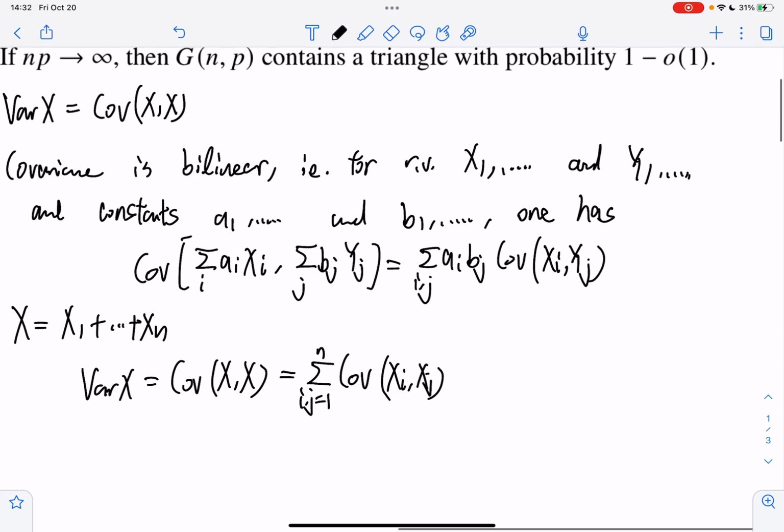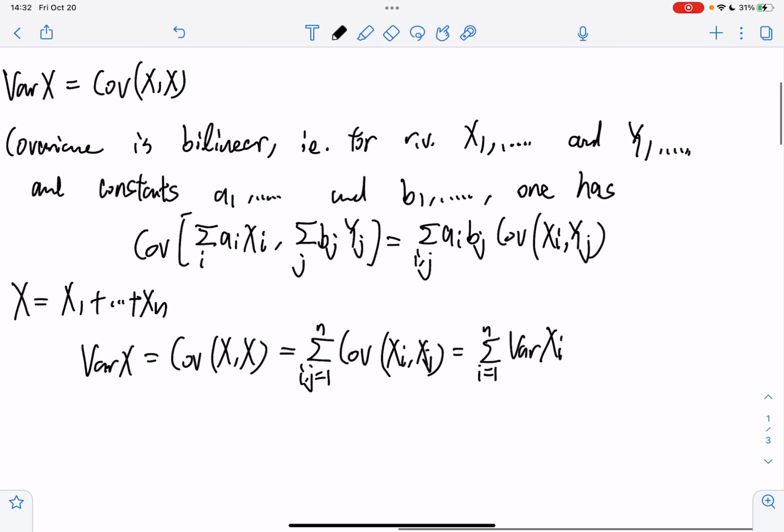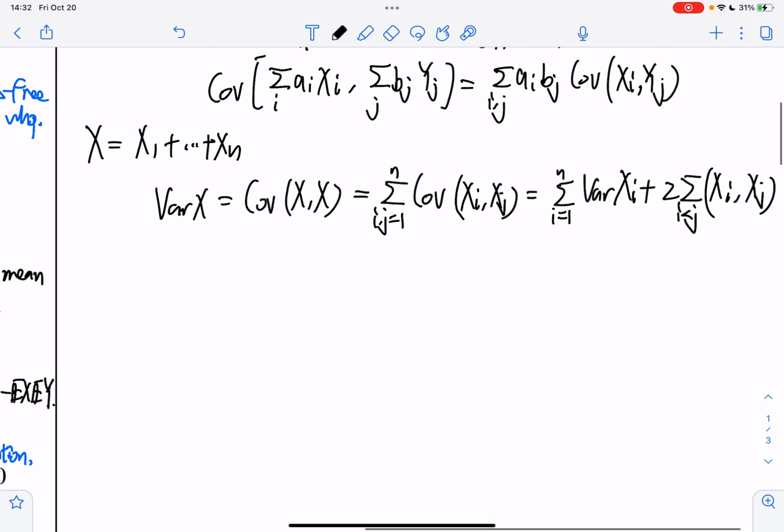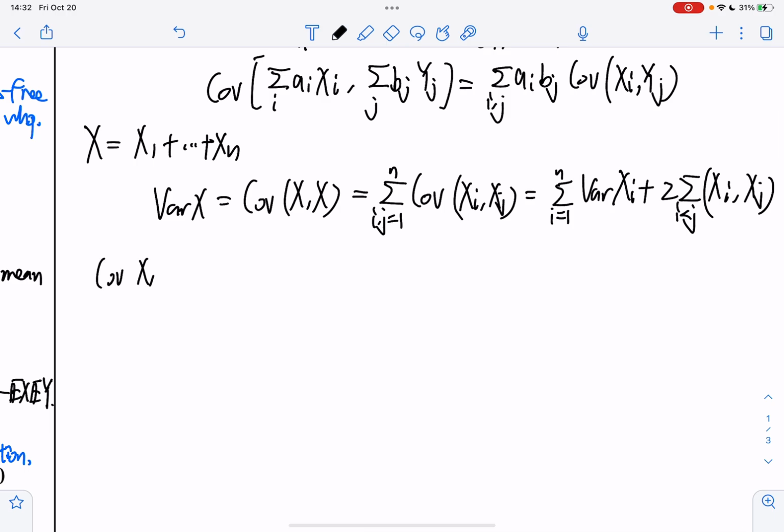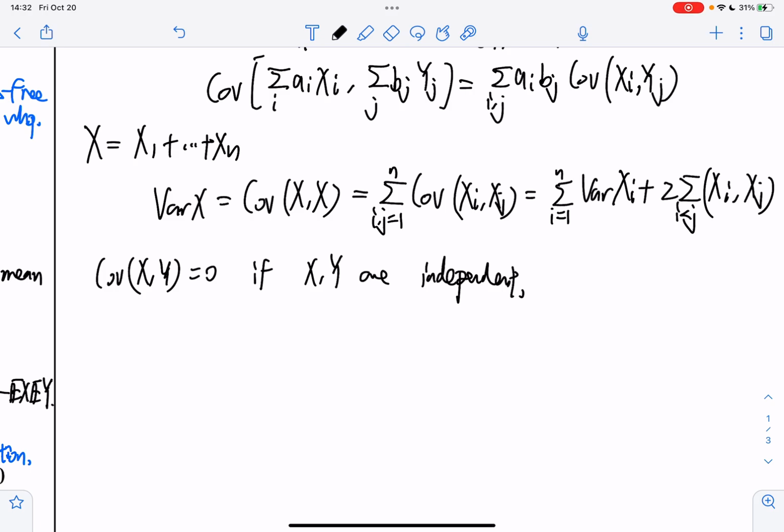From the above equality, it equals the sum for i equals 1 to n of the variance of X_i, plus cross terms. You can expand it and get this equation. We'll also have that the covariance of X and Y is 0 if X and Y are independent. So in this sum, we only need to consider dependent pairs i, j.